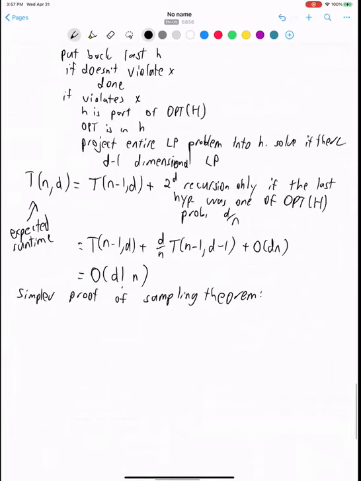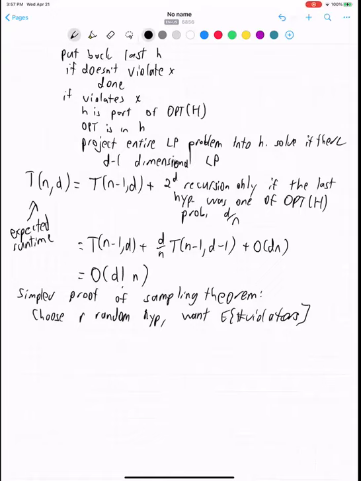In the sampling theorem, we choose our random hyperplanes, and we want the expected number of violators, V. So instead, let's consider a random hyperplane in the remaining set and ask the probability that it violates.